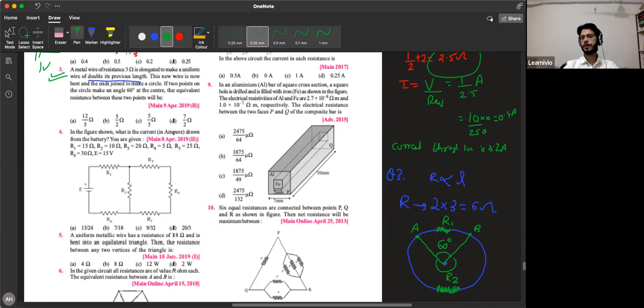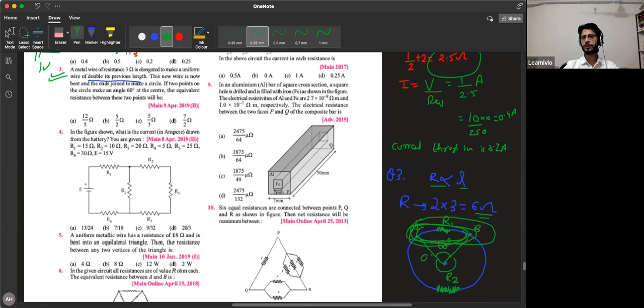You know the resistance of the complete wire is 6 ohm. You need the resistance of this portion. You know that resistance is directly proportional to length. So if we can calculate the resistance per unit length and this much length of the wire, we can calculate resistance R1 also.